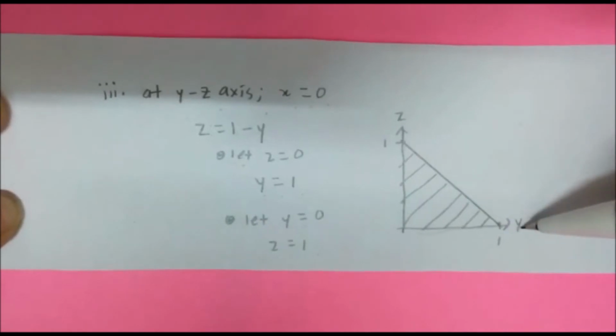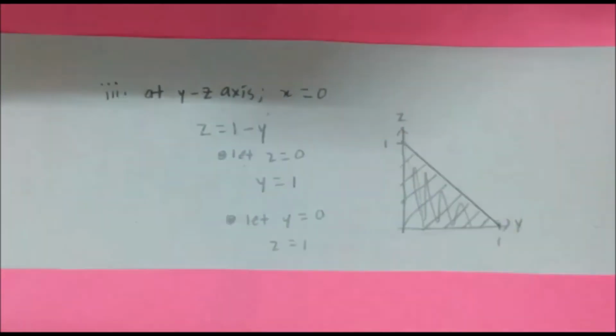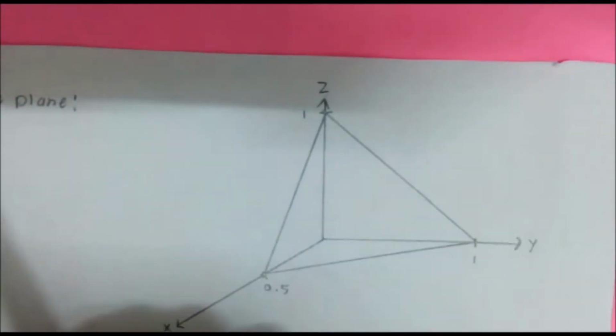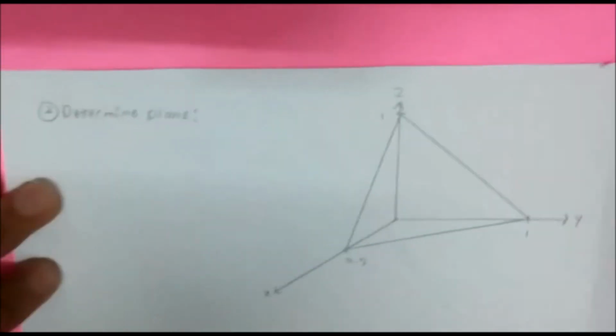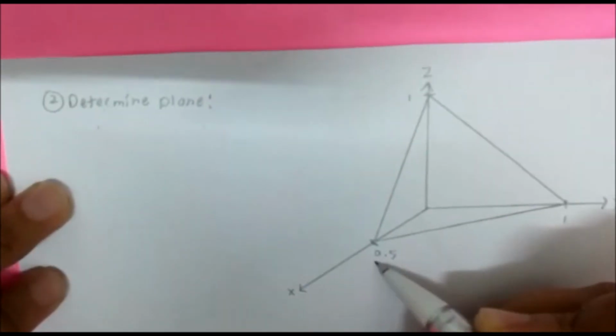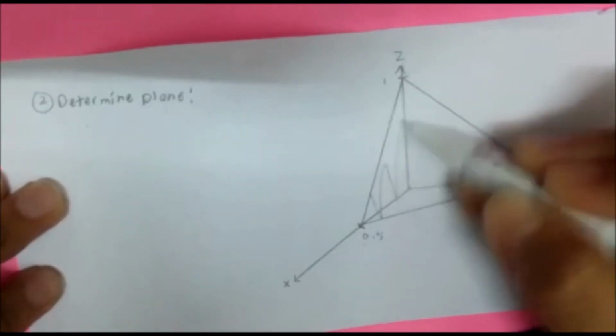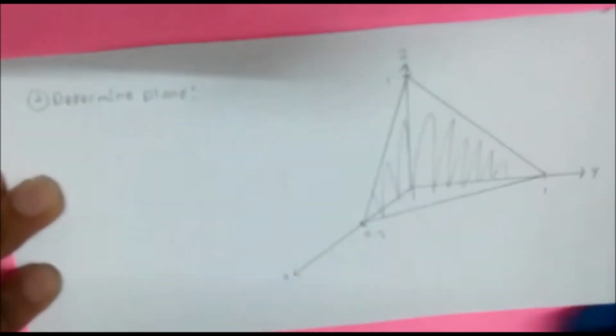So we plot y equals 1 and z equals 1, and this is the plane. After that, we determine our solid according to what we have done before, which is x equals 0.5, y equals 1, and z equals 1. So this is our solid.